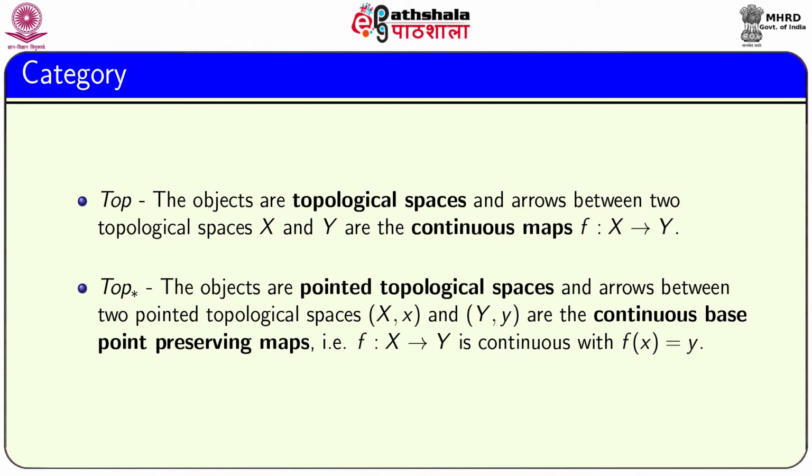We denote the category by Top, where the objects are topological spaces, and the arrows between two topological spaces X and Y are the continuous maps f from X to Y, and of course, the composition is the composition of maps.